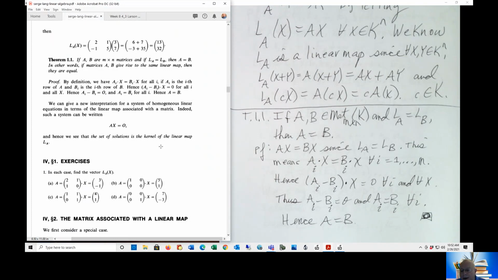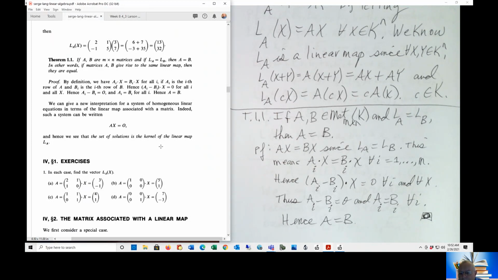This means that you're taking the dot product of the ith row of A with x and the dot product of the ith row of B with the vector x for all i running from 1 to m. And then if you subtract the right side from the left side, you have (A sub i minus B sub i) dot x is 0 for all i.